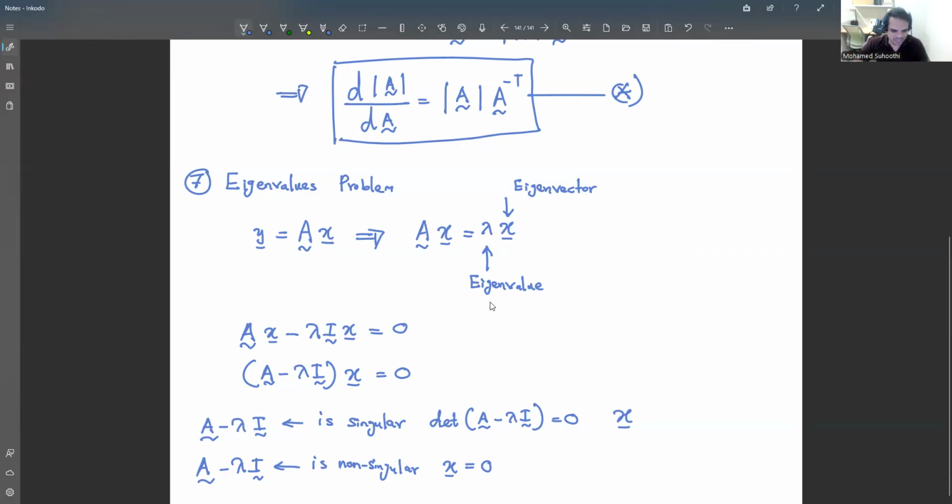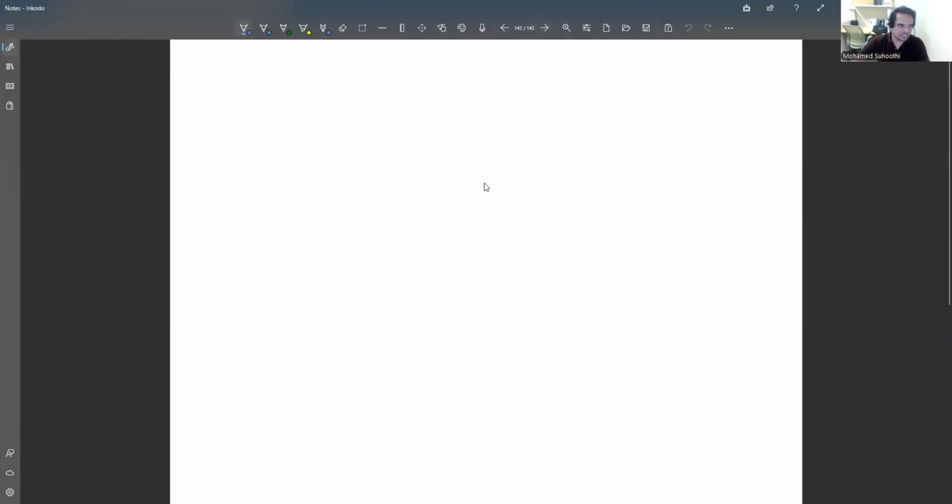This is called the trivial solution. So we are interested only in the first case, where the determinant of this matrix is 0.